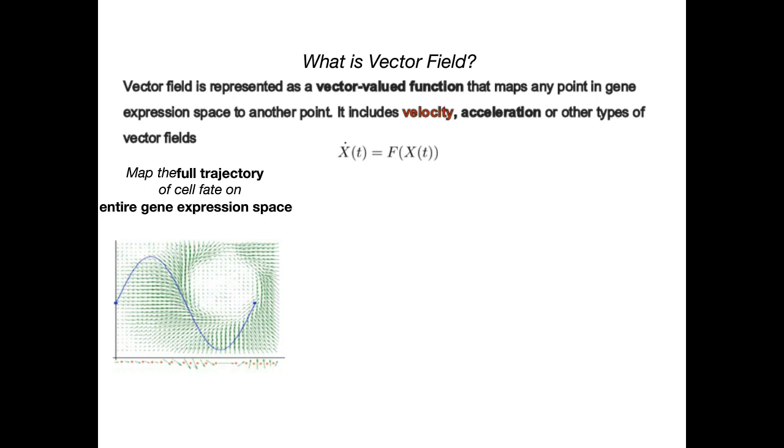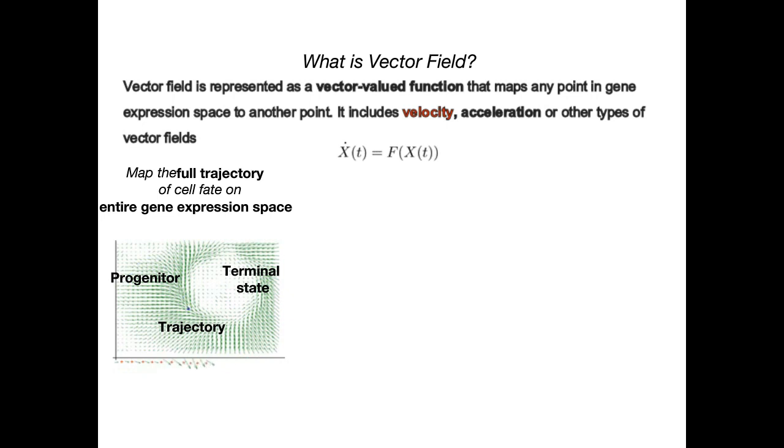The cell will travel along the vector field, following the velocity vector at each point. Then it will eventually converge to a terminal cell type. The trajectory it passes through is the path the cell will evolve along in the gene expression space.